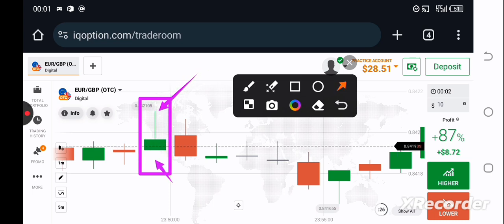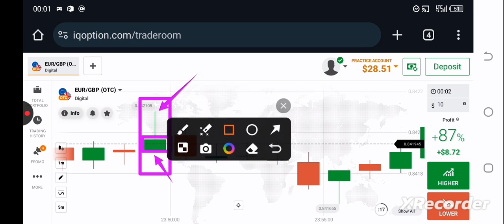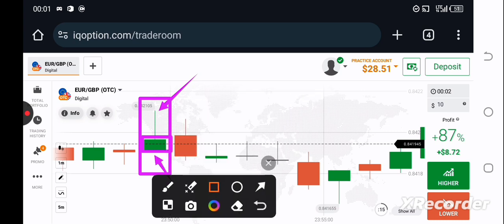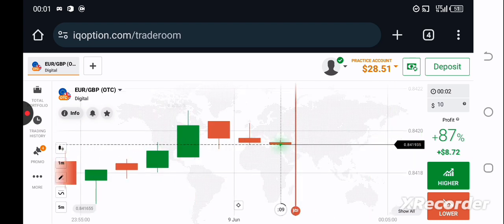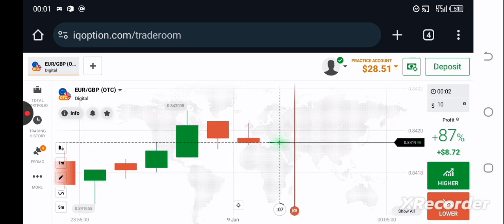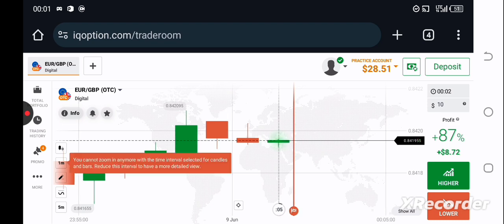There's no lower wick. This is the body of the candle. Are you getting the point? So that is how a Japanese candlestick behaves.